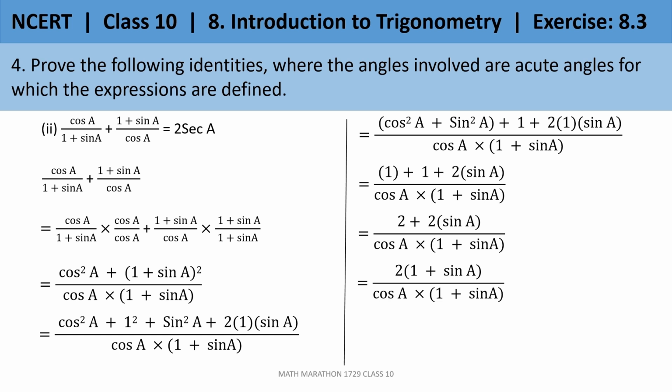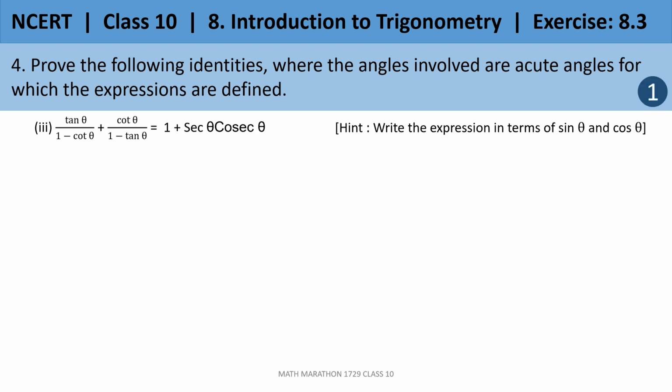In numerator and denominator, we have 1 plus sin A. We can cancel out 1 plus sin A. Is equal to 2 by cos A. Is equal to 2 secant A, which is the right-hand side. Hence, proved.